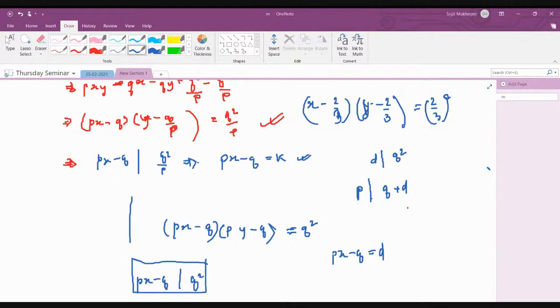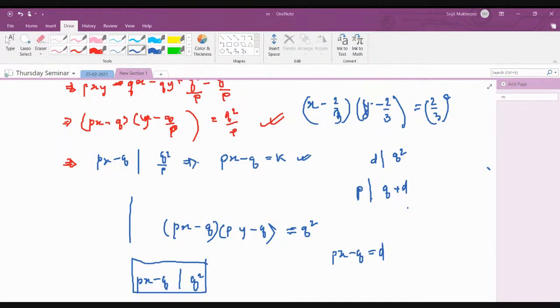So what we have got is that to have the solution 1 by x plus 1 by y equal to p by q, to get an integer solution, px minus q divides q square.